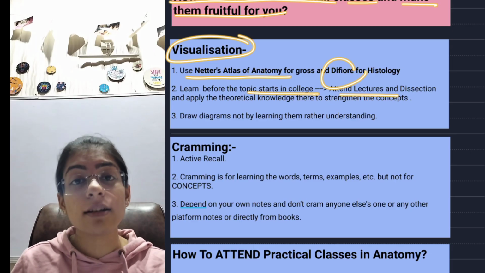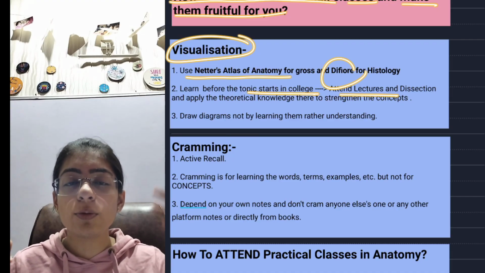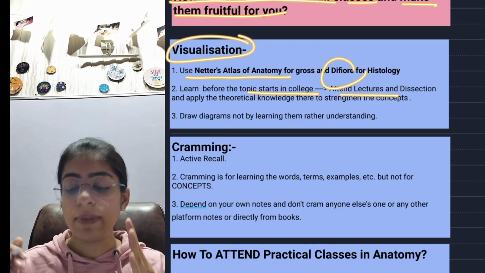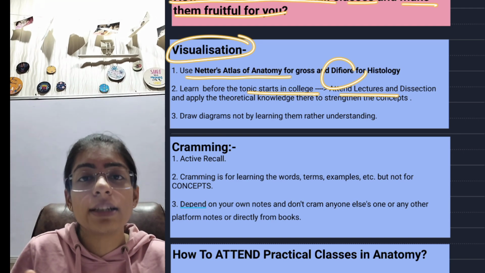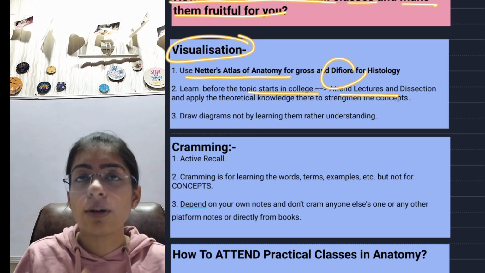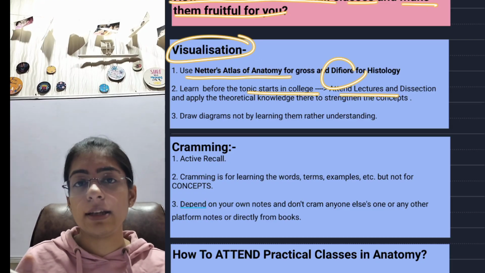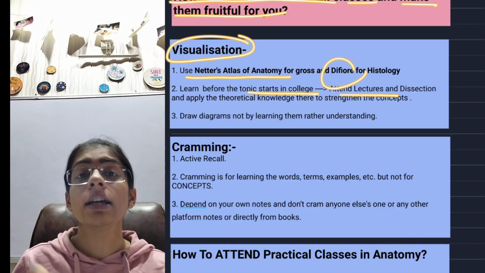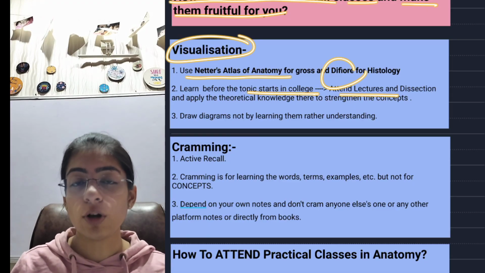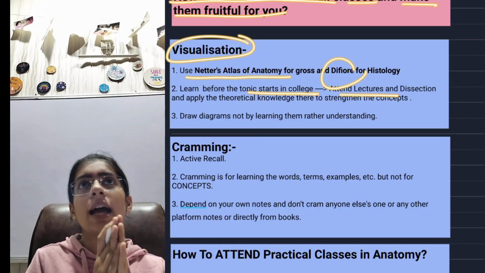When you are attending the lecture, you are doing a kind of revision, right? And when you are doing the dissection, you are applying that theoretical knowledge in the dissection hall or osteo. If you have already learned about the femur at home from books or videos, you are applying that knowledge a second time in the dissection hall.